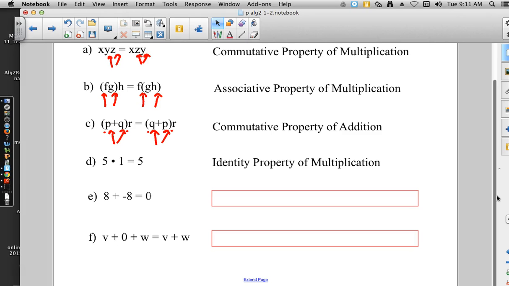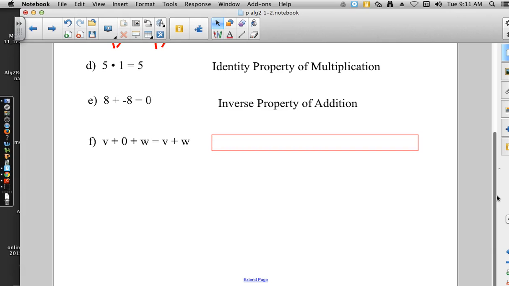In E, 8 plus negative 8 equals 0. They had an 8, they undid the 8 with a negative 8. Well, that undoing is the inverse property of addition, or additive inverse. In F, they added a 0, and it turned out that 0 didn't do anything. Notice how the 0 is here, but it's not over here. And you think, well, what happened then?